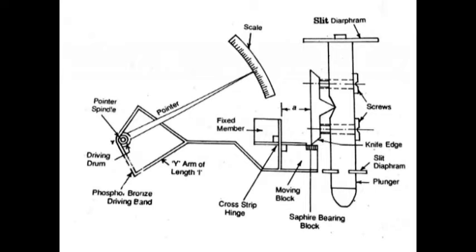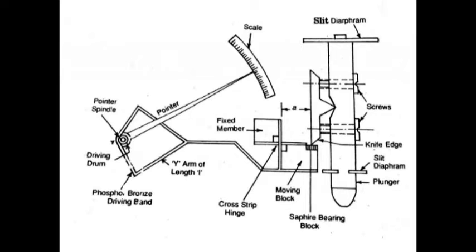The ratio of the effective length of the arm A and the distance of the knife edge from the pivot gives the first stage magnification, and the ratio of the pointer length L and radius R of the driving drum gives the second stage magnification of the instrument.